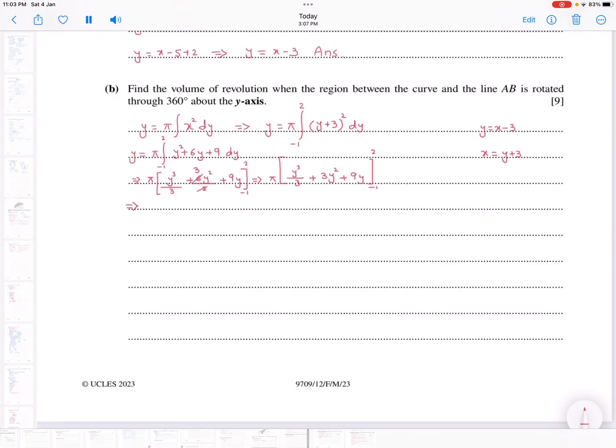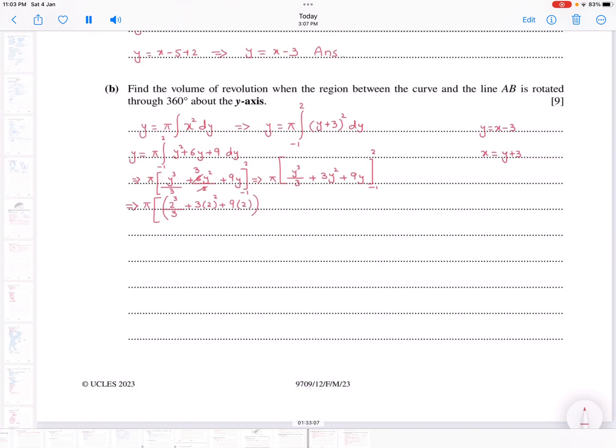Now I will place them one by one. First the upper limit in y's, and then minus, I will place minus 1 in y's. So keep pi outside, upper limit: 2 power 3 over 3 plus 3 times 2 power 2, then plus 9 times 2.